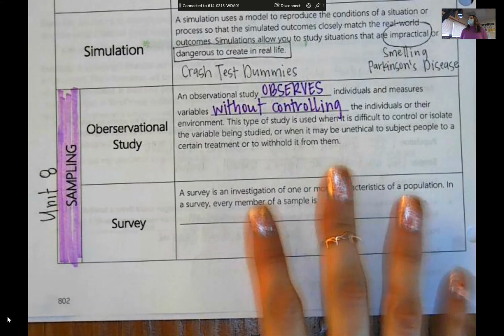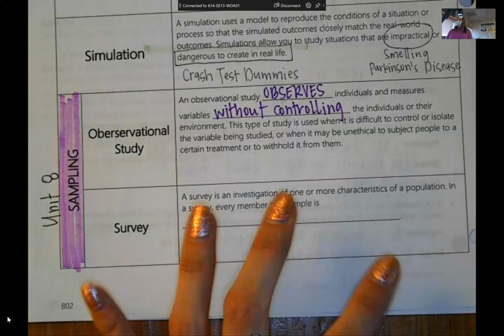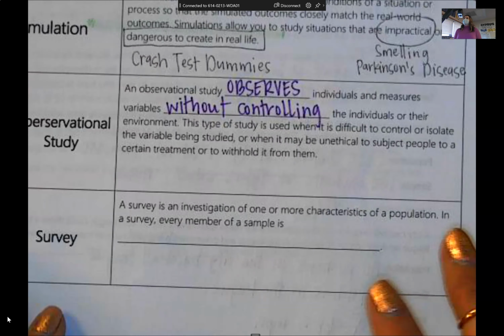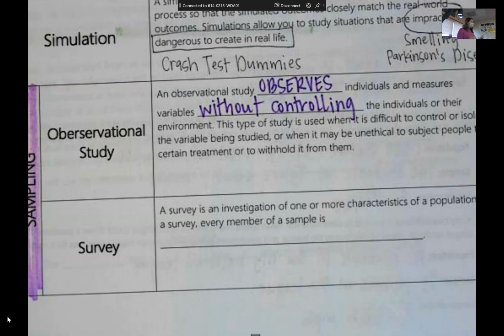One of the most important elements of an observational study is that it's only an observational study if you can do it without the people or the individuals knowing that you're doing it. They can know, there's no issue with them knowing, but essentially in an observational study, you do not interact with your individuals or your subjects at all.